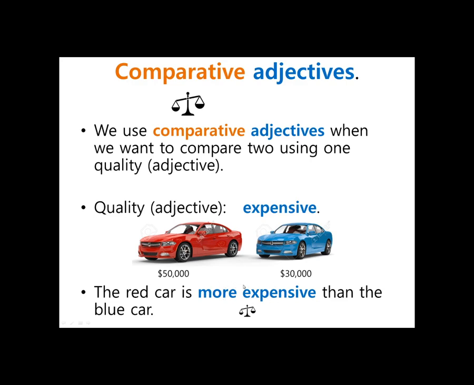This is a comparative adjective, more expensive. So in a sentence, we say the red car is more expensive than the blue car. Okay, so this is the comparative adjective and this is the comparative sentence. And this is what we will learn how to make today.